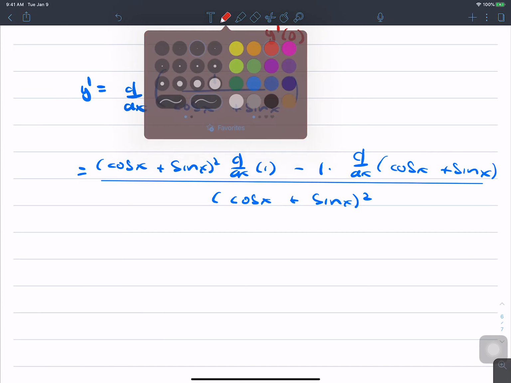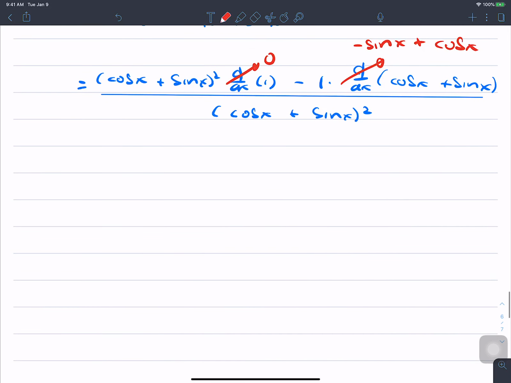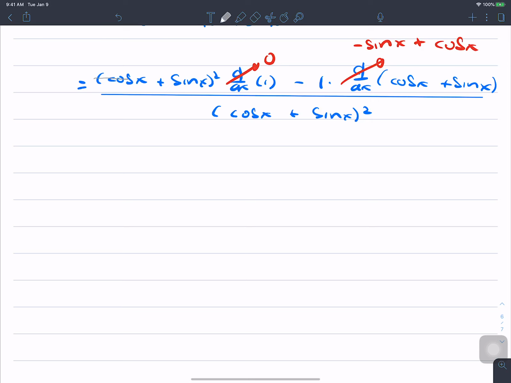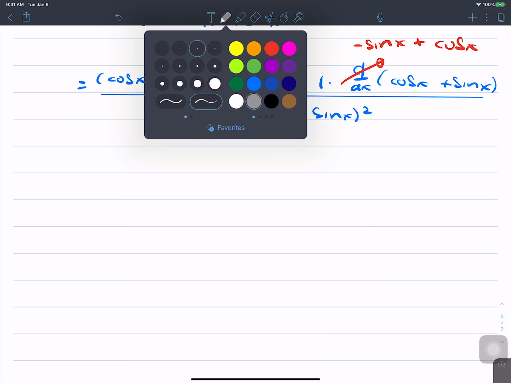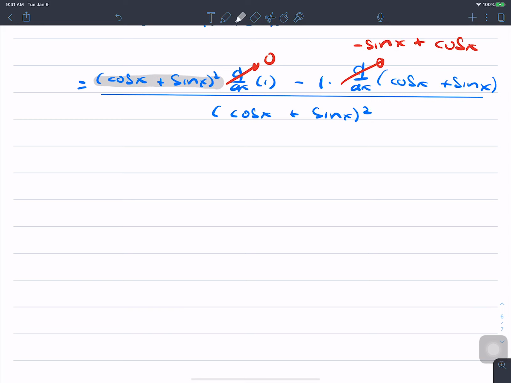So derivative of 1 is 0. Derivative of cosine plus sine: derivative of cosine is minus sine, derivative of sine is cosine. Okay. So altogether, here's what you'll get. Don't forget, a function squared times 0 will be 0, so that's gone.